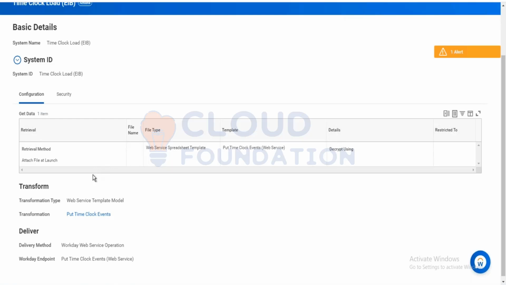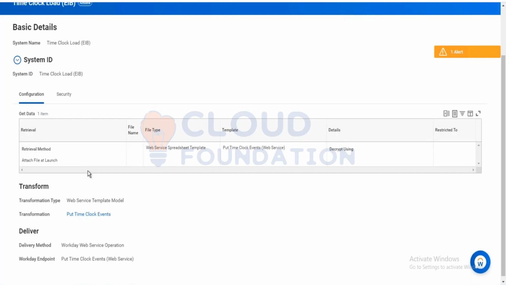There are certain CRM tools also, for example Zoho, or you can take the example of Salesforce. For example, you are working on a ticket and you want to bill hours.